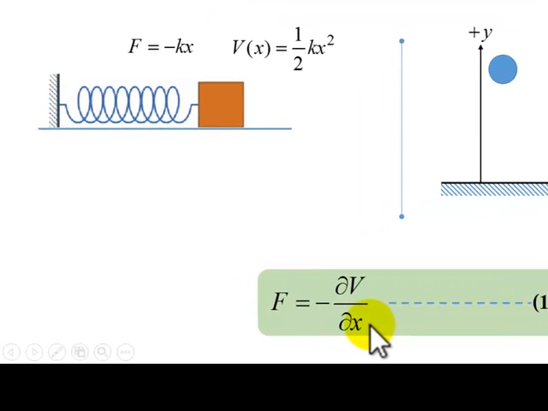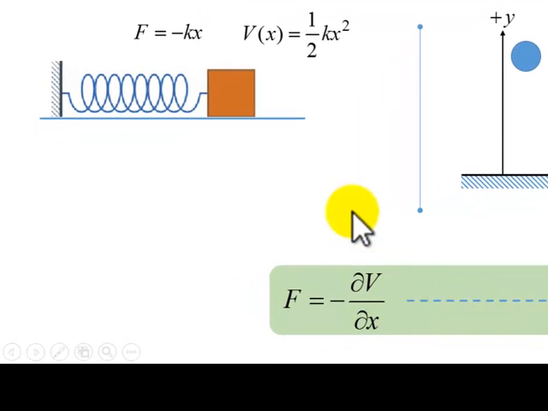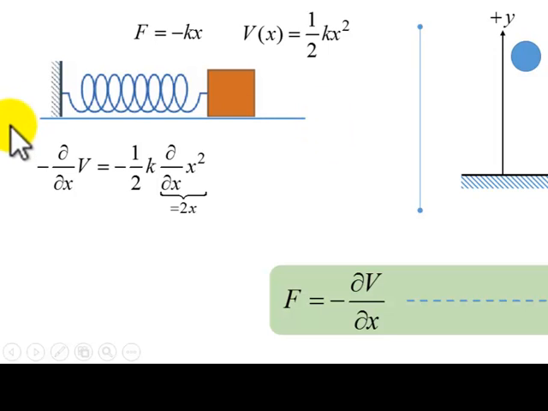For example, in the case of a spring, V of x is equal to 1/2 kx squared. Therefore, minus the derivative of V with respect to x is equal to the constant minus 1/2 k, leaving inside d dx of x squared, which is equal to 2x.